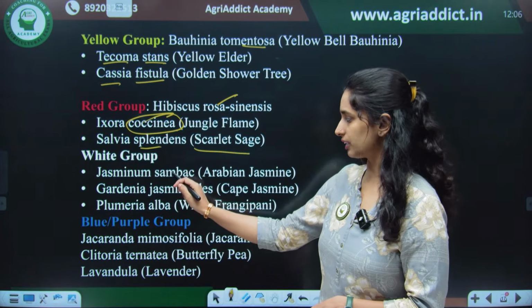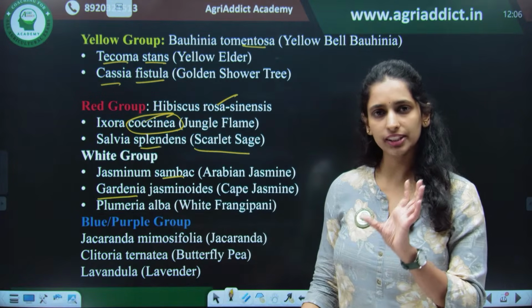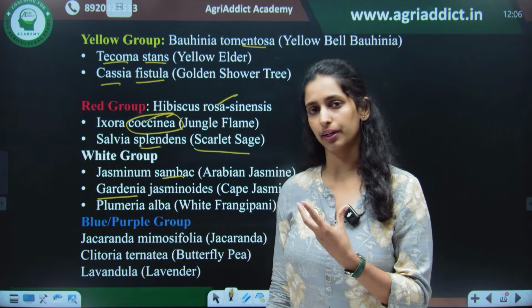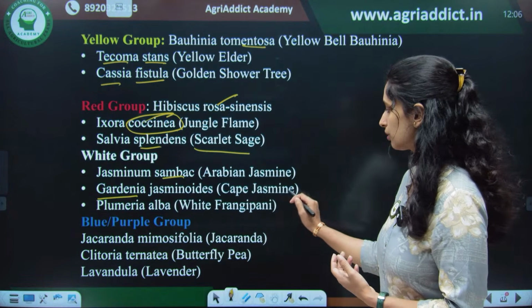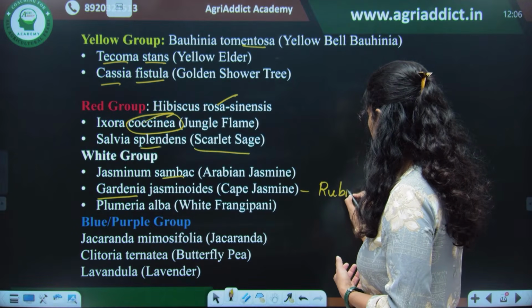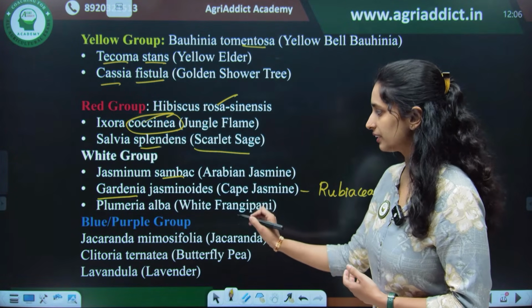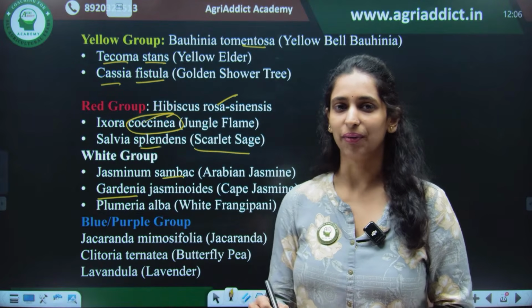And white group: Jasminum sambac, you know, Gardenia. Gardenia भी jasmine जैसा ही फ्लावर होता है, थोड़ा बड़ा होता है वो. And it belongs to the family Rubiaceae. Rubiaceae से कौन सा प्लांटेशन क्रॉप है?